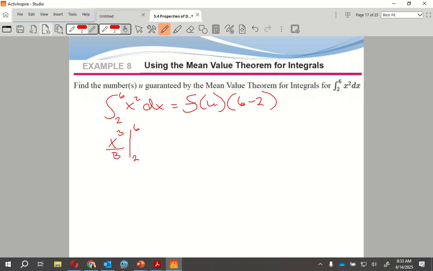That should give me 216 over 3 minus my lower bound, which is 8 over 3, which should give me 208 over 3. So this is all my integration side.